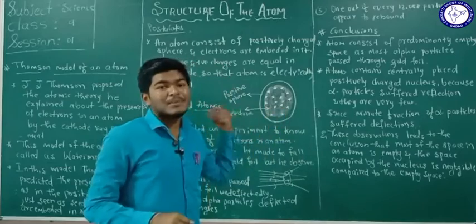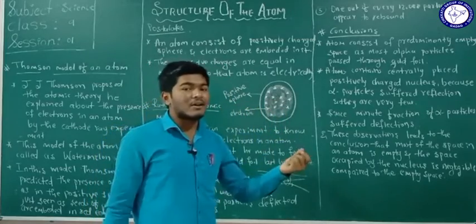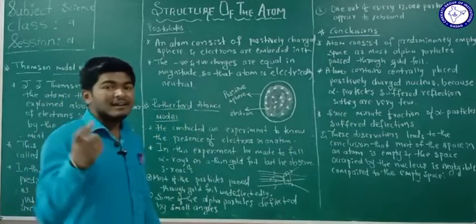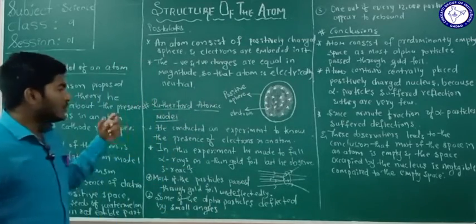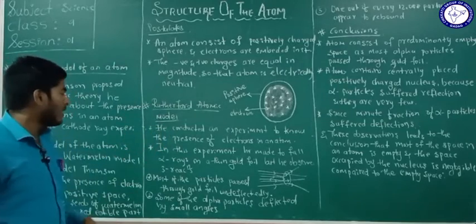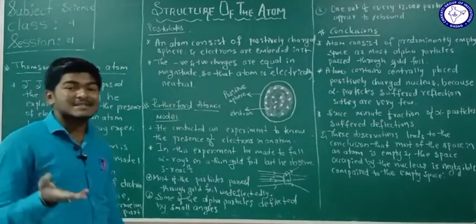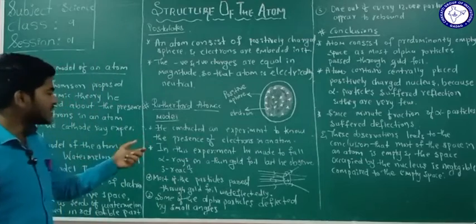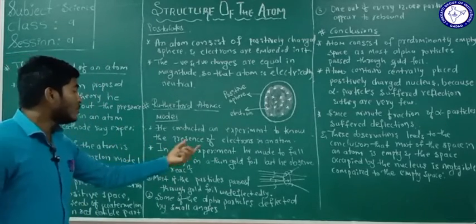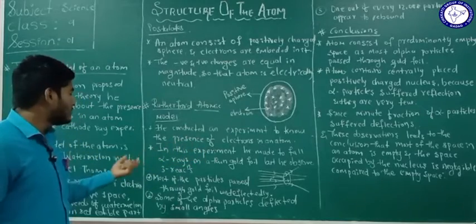One of the subatomic particles is the electron. Based on this study, Rutherford conducted an experiment. Let us see what he did. In this experiment, he made alpha rays fall on a thin gold foil, and he observed three reactions.